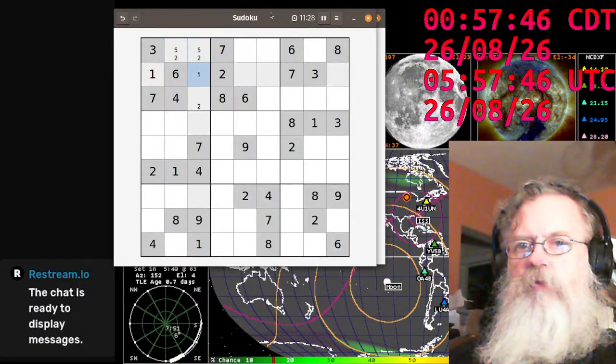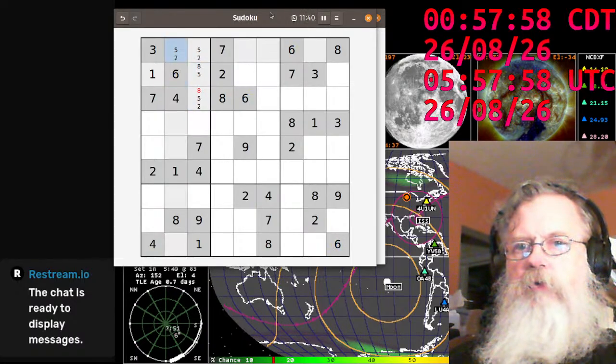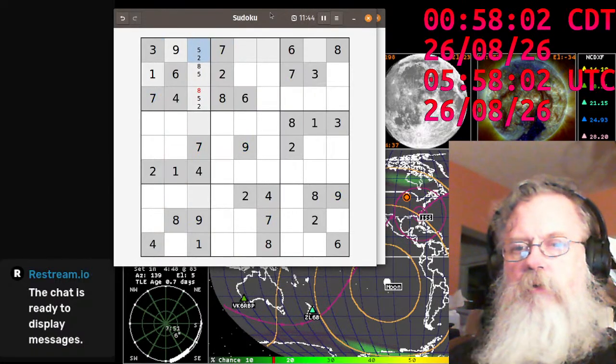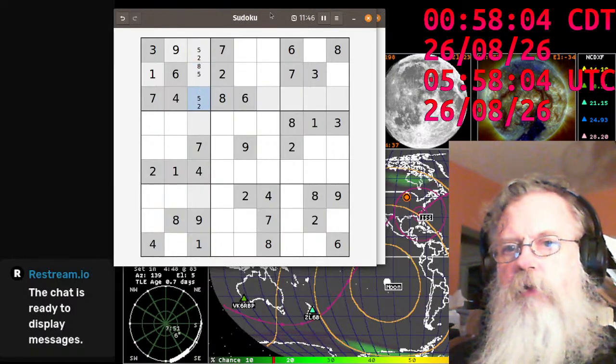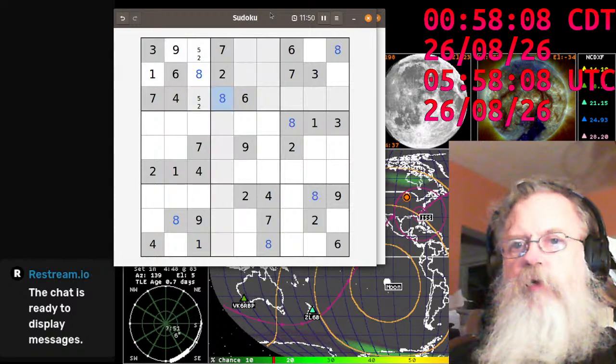We drop potentials for 5 everywhere that's open. 6, 7. These two can't be 8, so one of these two is an 8. And this is a 9. Oh, hey, that can't be an 8, so that's an 8. We get a 5-3 pair there.